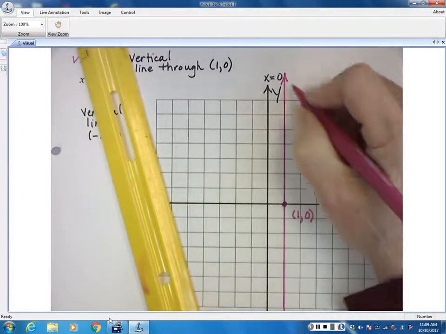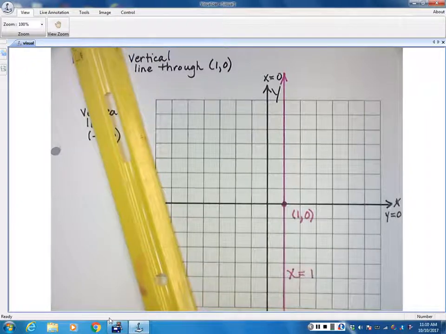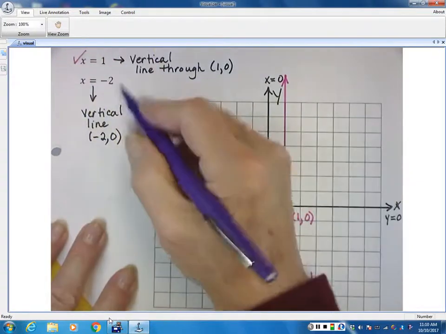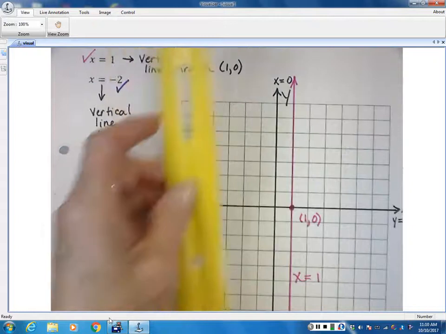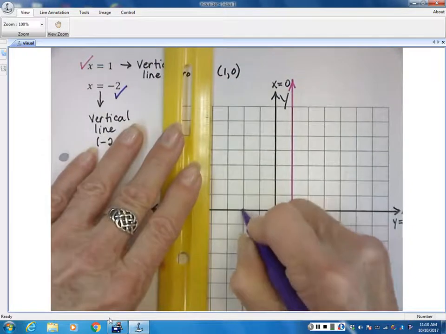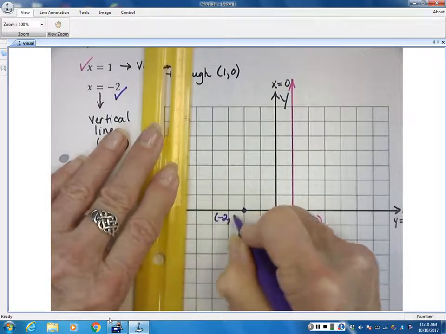And this line is x equals 1. And then I'm going to draw the other one. X equals negative 2. So there's the point, negative 2, 0.